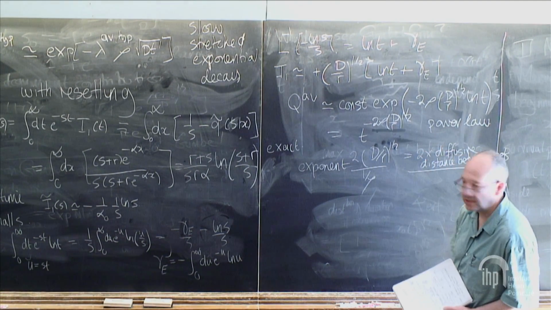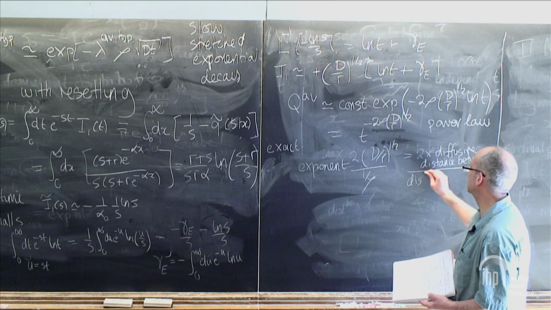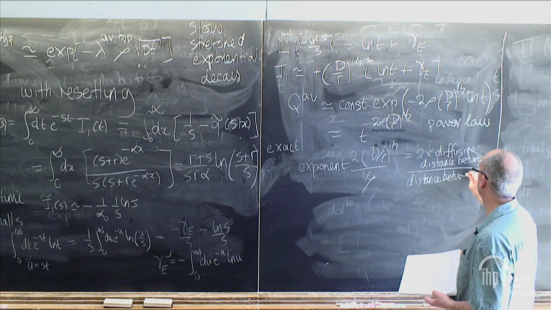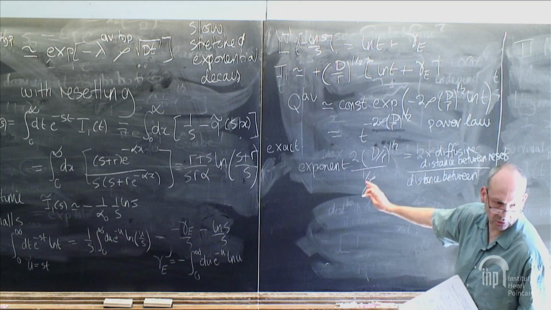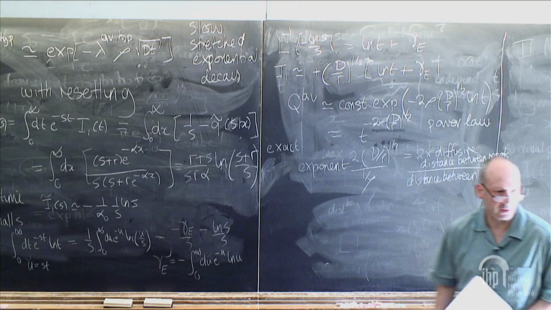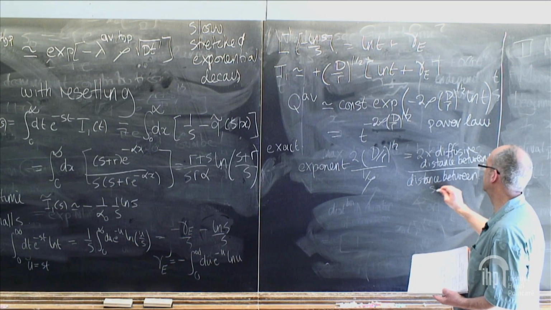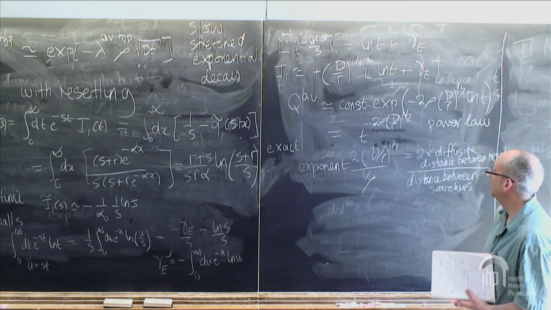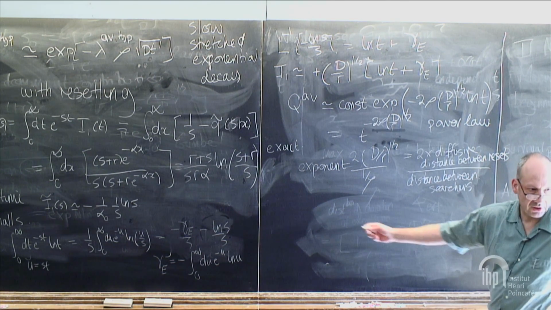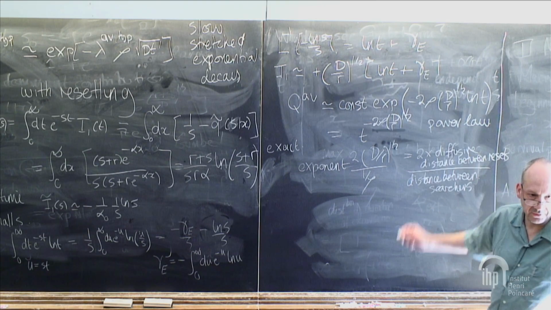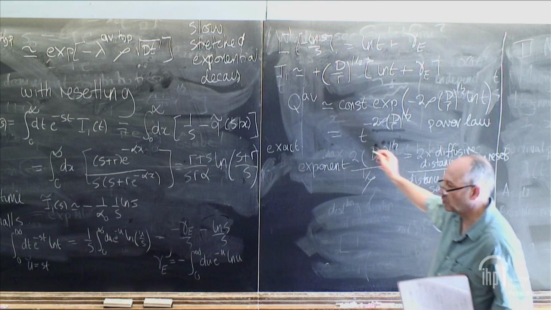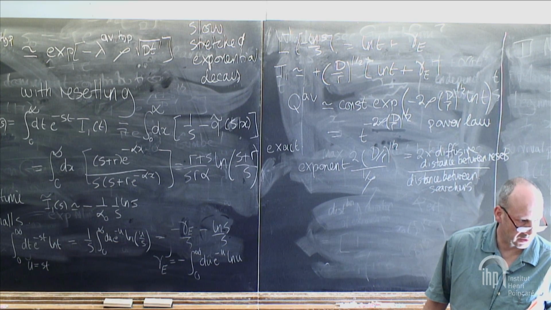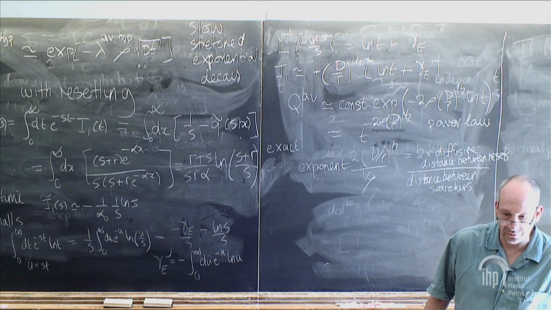And 1 over rho is basically the distance between the searches. So again, this exponent that comes in is a ratio of 2 lengths. So if the distance between searches is much larger than this diffusive distance, then this exponent becomes small and you have a very slow decay of the survival of the target. So basically the target will survive a long time.